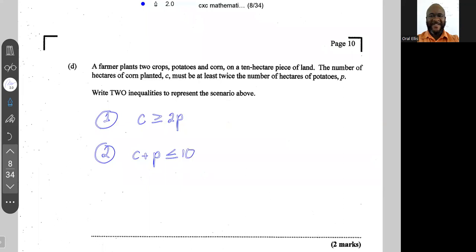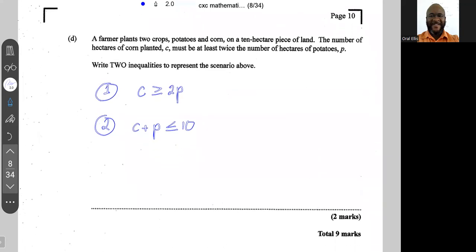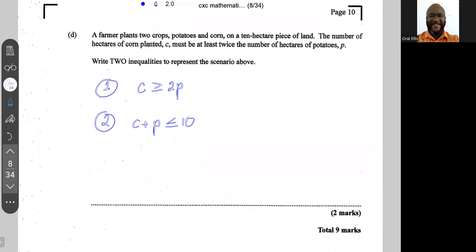I have only 10 hectares of land to plant. I can plant less than 10 or exactly 10, but I can't plant more than 10. So the number of hectares of corn plus the number of hectares of potato must be less than or equal to 10.